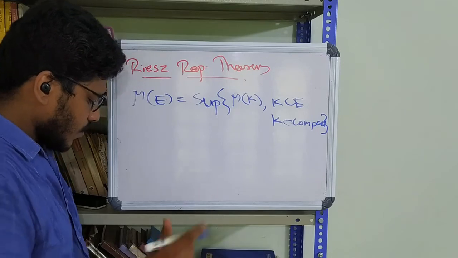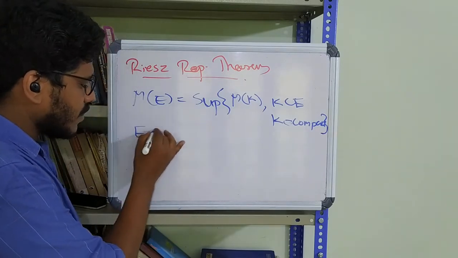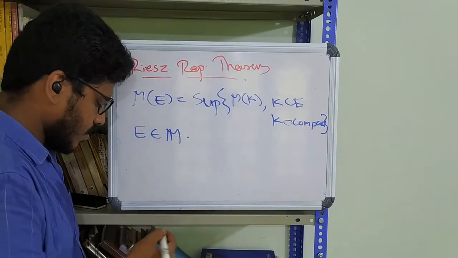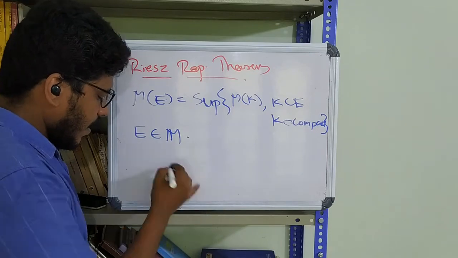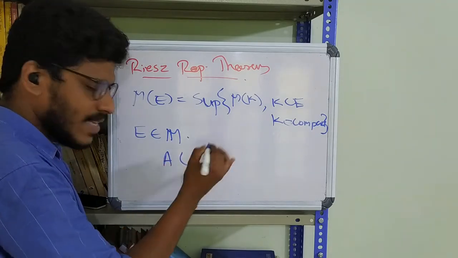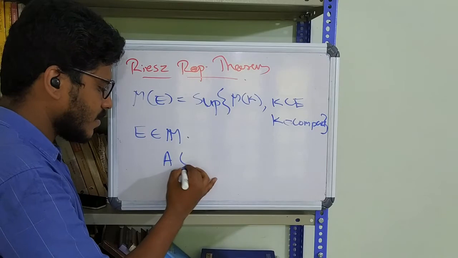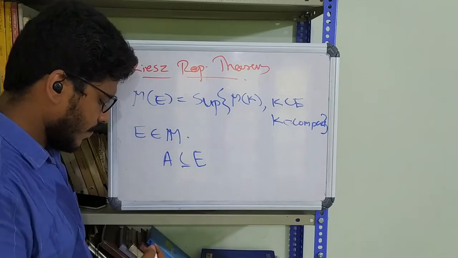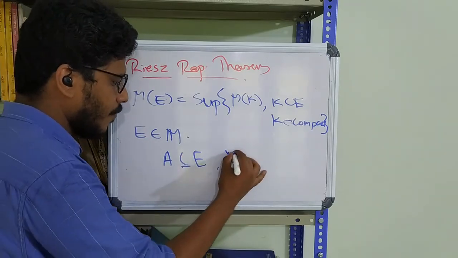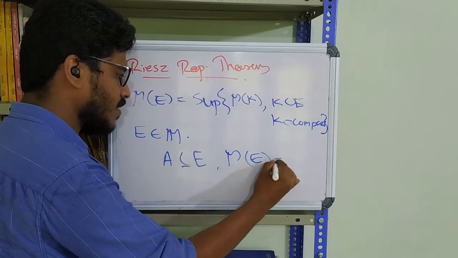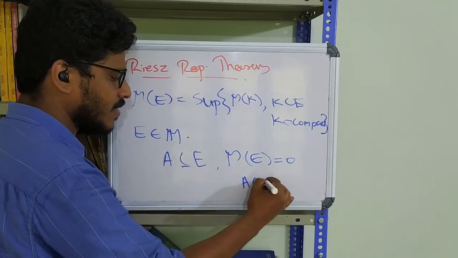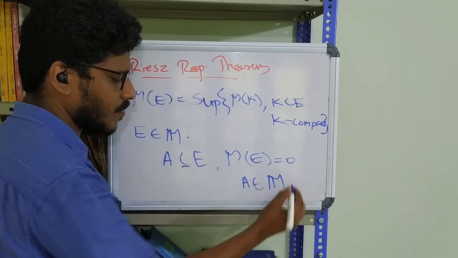Okay. Also, for any measurable set E, which is in the sigma algebra, and A is any set inside E, and the measure of E is 0, then A is in the sigma algebra.